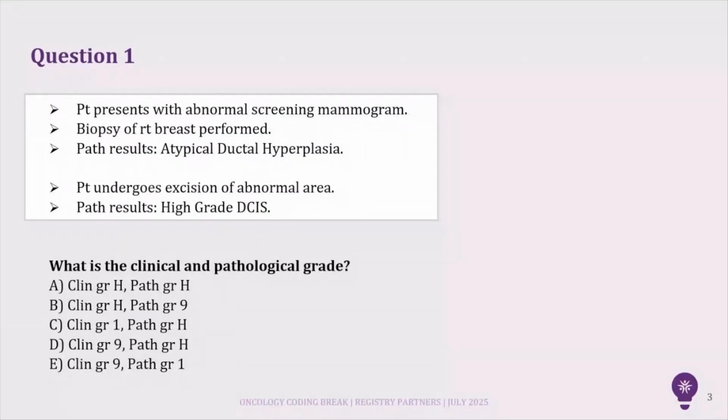Okay, we're starting off kind of easy. Y'all are doing great. So the biopsy was ADH, and then the excision was DCIS, high grade.